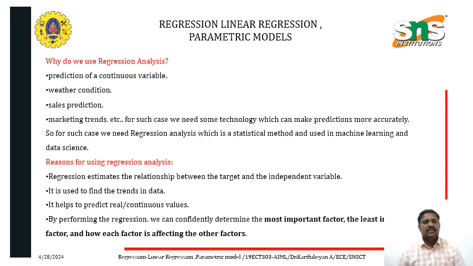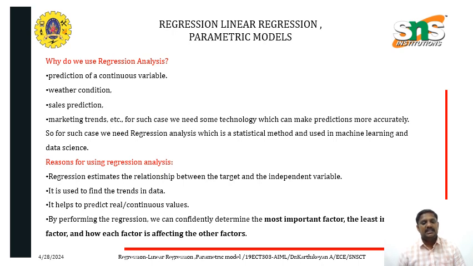Why use regression analysis? It is the prediction of continuous variables, such as weather conditions, sales prediction, and marketing trends. We need technologies that can make predictions more accurately, so regression analysis is needed, a statistical method used in machine learning and data science.